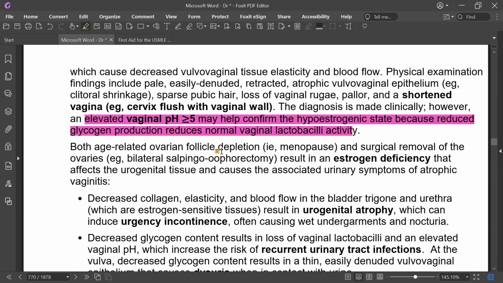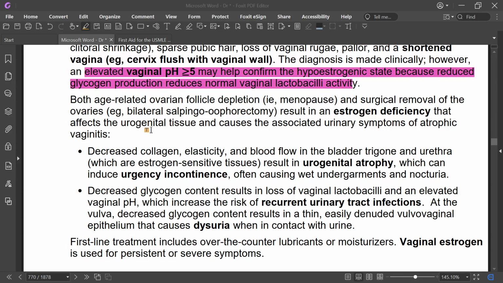Both age-related ovarian follicle depletion, menopause, and surgical removal of the ovaries, bilateral salpingo-oophorectomy, result in estrogen deficiency.